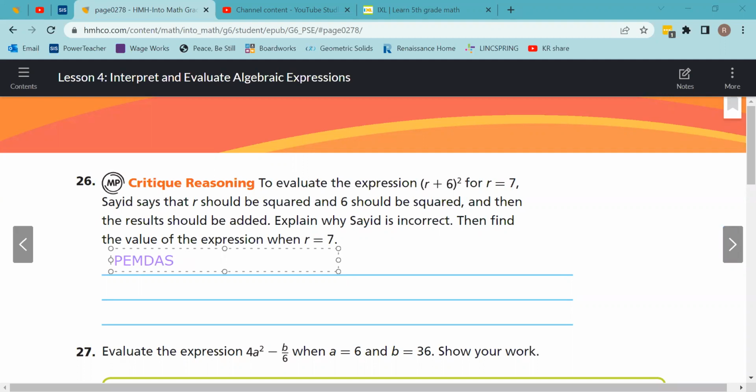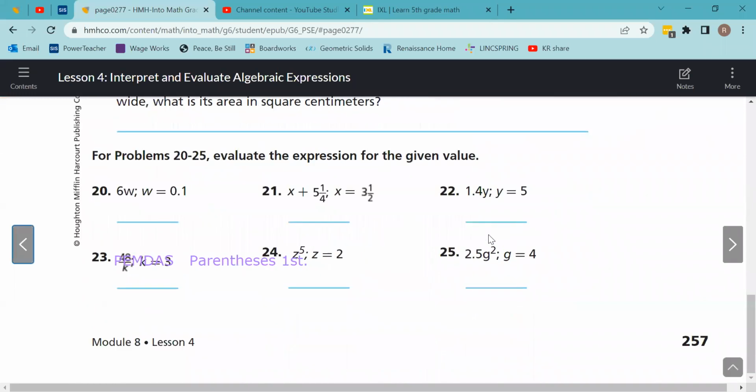Why is he incorrect? So following PEMDAS, you do parentheses first, okay? Then you do your exponent in this case. Now, some of you are probably wondering, just to glance back at the last page, wait a minute, Mrs. Top, we had 2.5 times g squared here. Why did we do our exponent first?